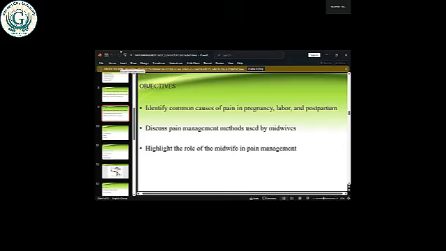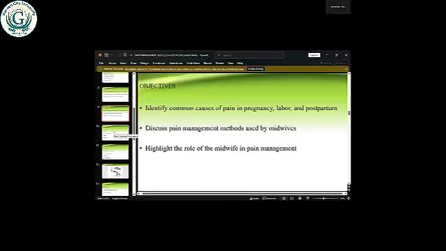So in our study, we are going to identify some of the causes of this pain. And also, we will discuss the pain management methods because during pain management, we reduce the pain intensity, we promote comfort and relaxation. How do we do that? Group 3 is going to help us know. And the third one is that we are going to highlight the role of a midwife in pain management.